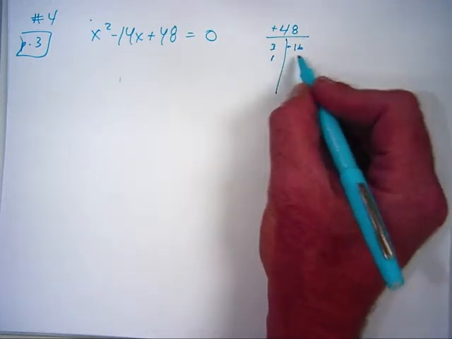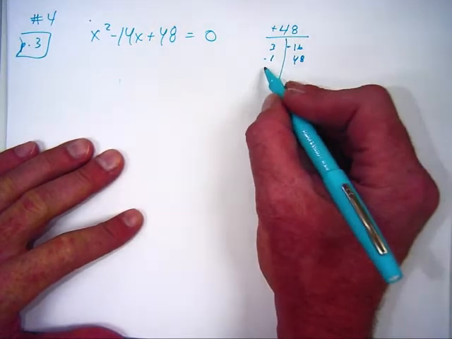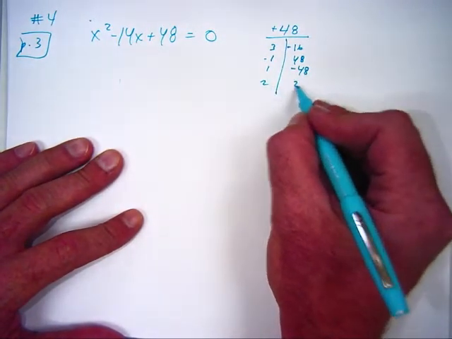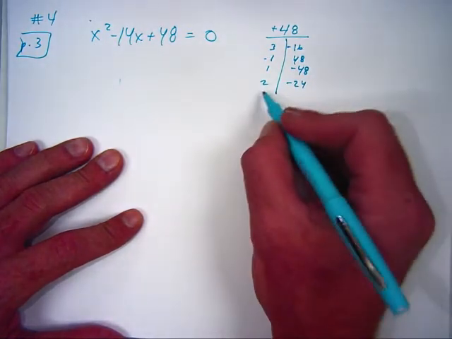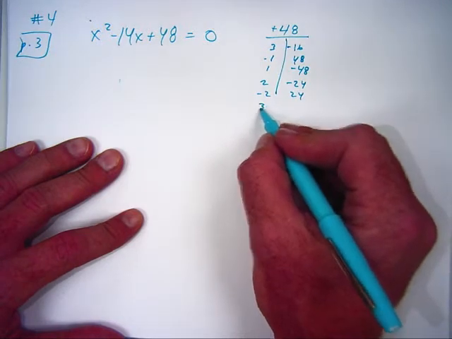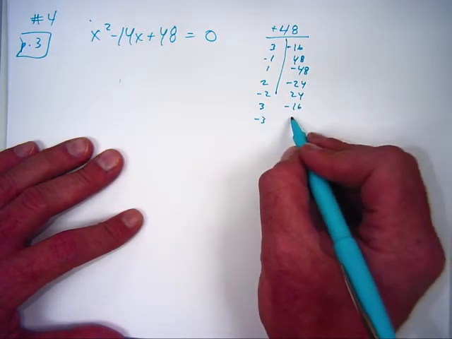So we got 1 and 48, that won't work, or negative 1 and 48. We got 1 and negative 48, that won't work. We got 2 and 24 and negative 24. We got negative 2 and 24. We got 3 and negative 16. We got negative 3 and positive 16.